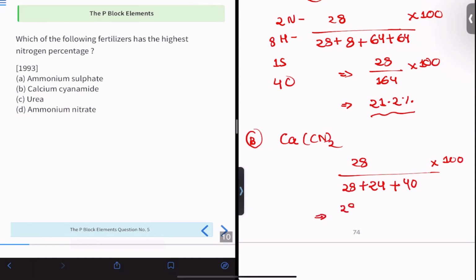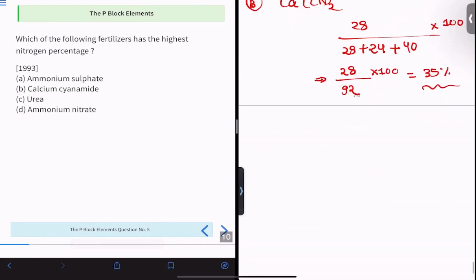So 28 upon 28 plus 24 is 52, 52 plus 40 is 92, 28 upon 92 into 100. This will be 35%.